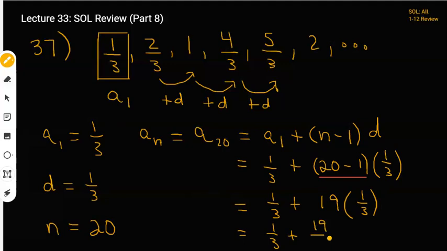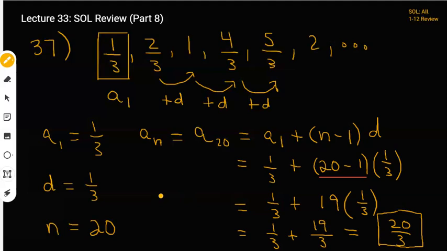So I get 19 over 3. And then the last thing I'm going to do is add 1 and 19. That's going to give me 20 over 3. Now, that's not my final answer. That's just the last term, A20.